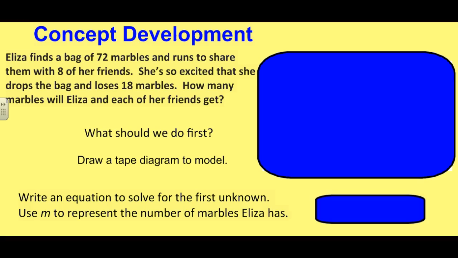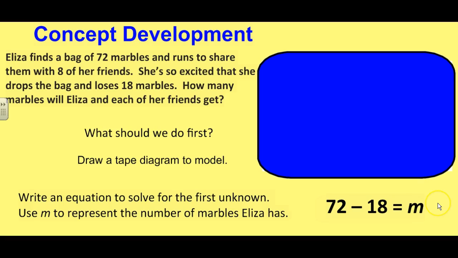So we've got to figure out how many marbles she is going to have to share with herself and 8 friends. So what equation can we write to figure out how many marbles she has after she dropped some? Make sure that you use the letter M in your equation to stand for how many marbles she has left. So I want you to write that equation on your board. Just pause to do it.